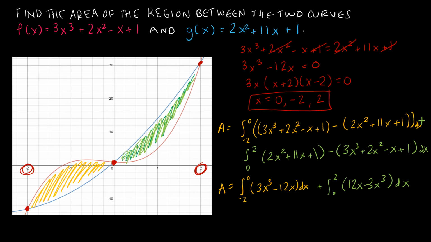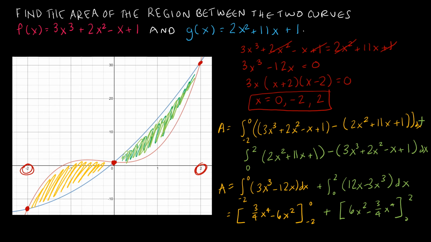Again, now I'm going to integrate. This first one goes from 3/4 x to the 4th minus 6x squared from negative 2 to 0. And my second region is 6x squared minus 3/4 x to the 4th from 0 to 2.